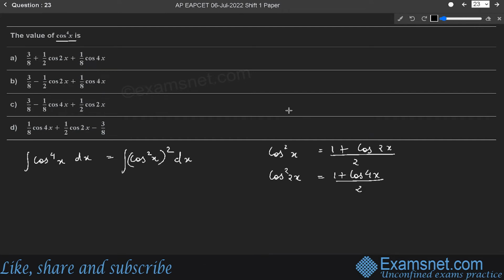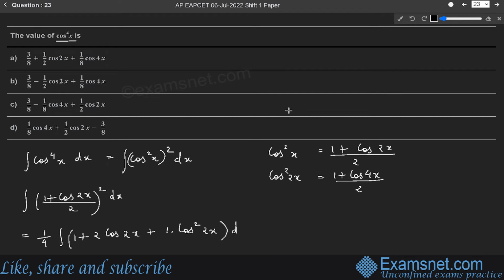Now further, it will be integral of 1 plus cos 2x by 2 whole square dx, which will be equal to 1 by 4 integral of 1 plus 2 cos 2x plus 1 into cos square 2x dx.